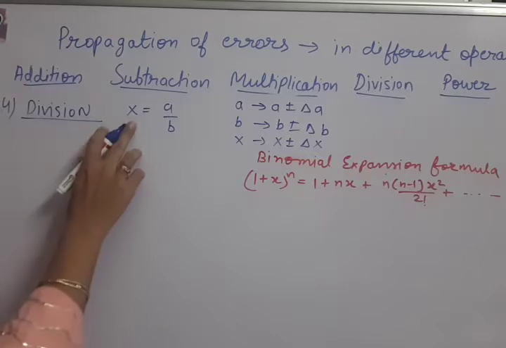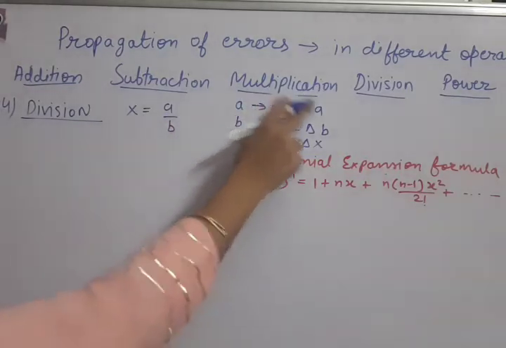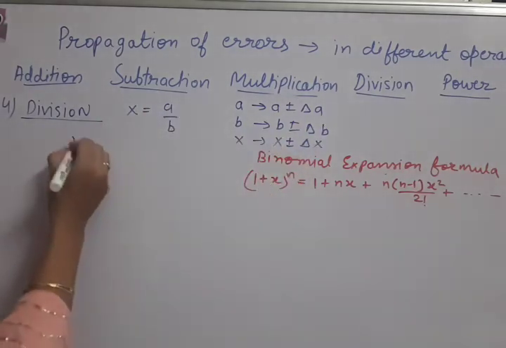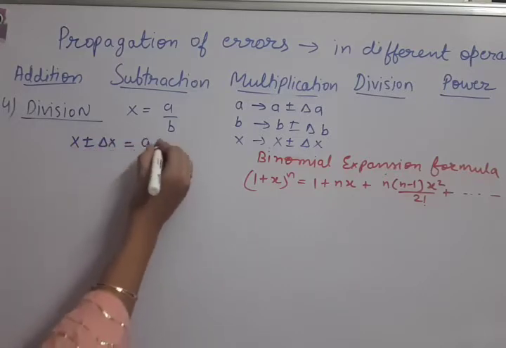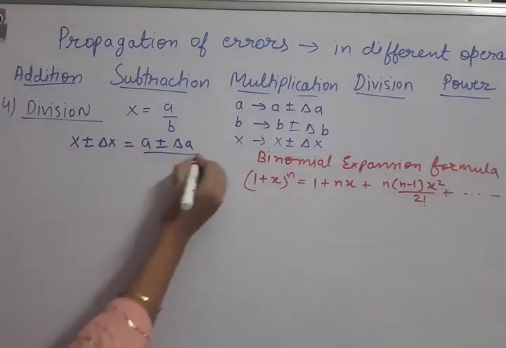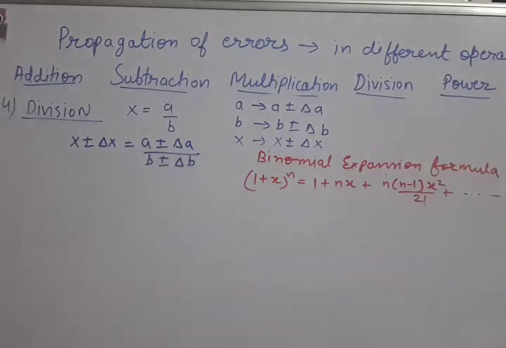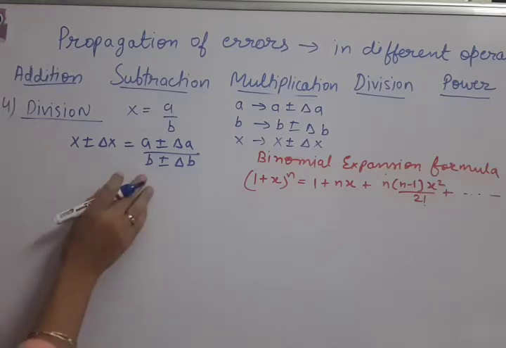So as is the procedure, we will be replacing a, b, x by their error expressions. In place of x, let us put x plus minus delta x, and in place of a and b we have substituted the values. After that, now every time we try to cancel x.